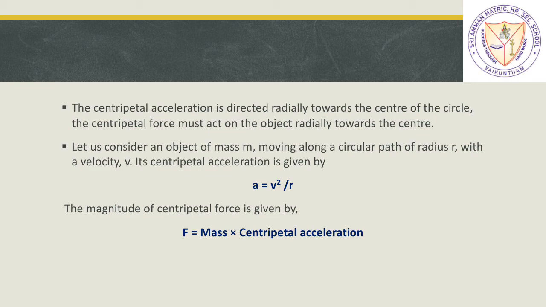Therefore, instead of just taking acceleration, here we will be taking mass into centripetal acceleration. So it is m into v square by r, that is mv square by r. Okay, so this is how we calculate the centripetal acceleration and centripetal force, and in the previous lecture we even calculated the speed of the object which is moving in the circular path.